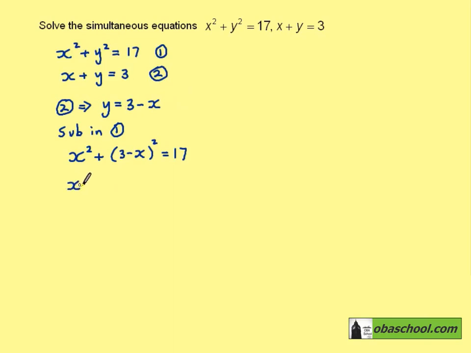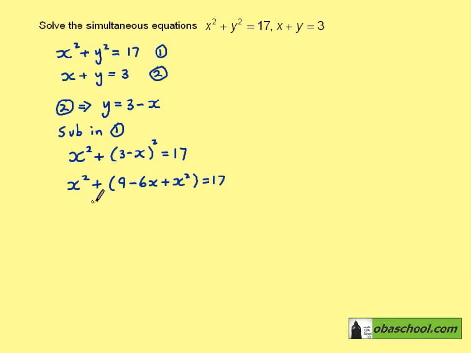So we have x squared, and squaring the bracket, we could use any method. We get 9, take away 6x, plus x squared is equal to 17.